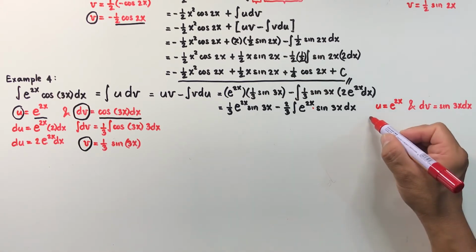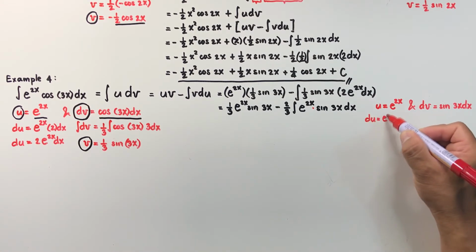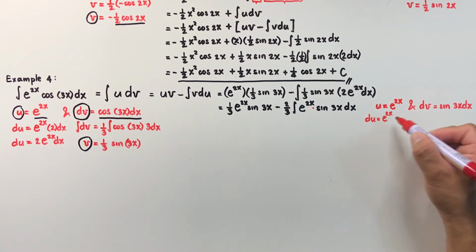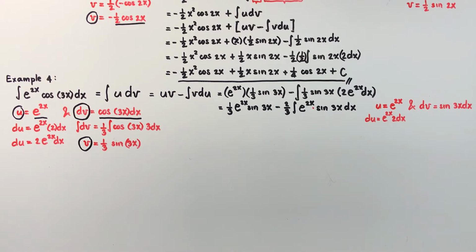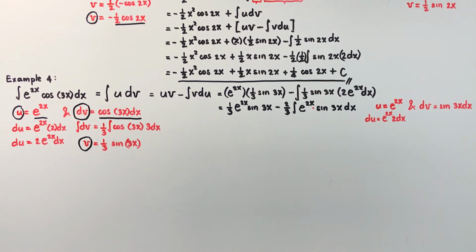So solving for our du here, this is e to the power 2x times 2 dx, because the derivative of 2x is 2 by the chain rule. And for our v from this dv, I need to integrate both sides of the equation.